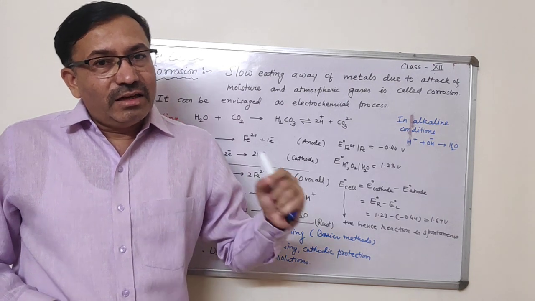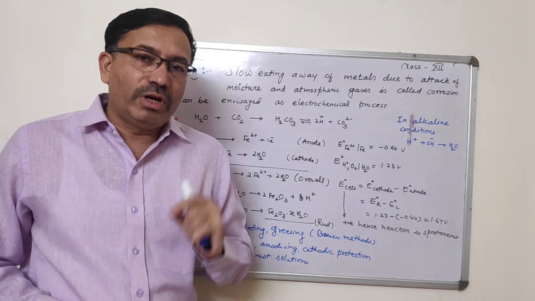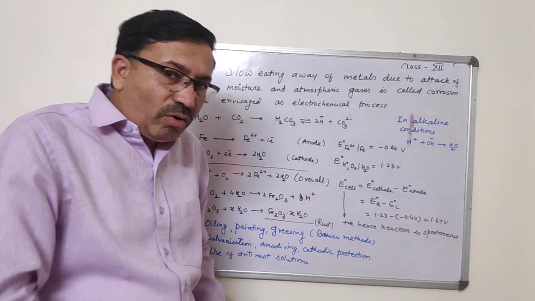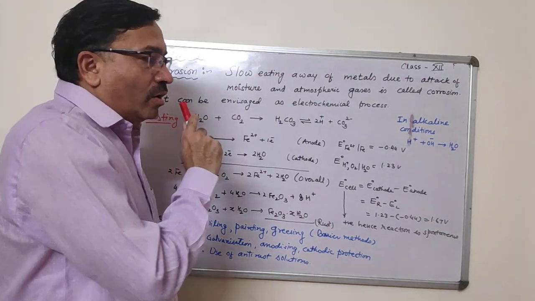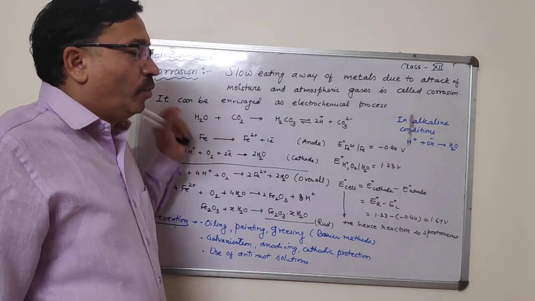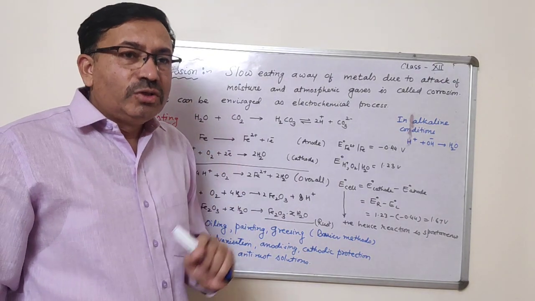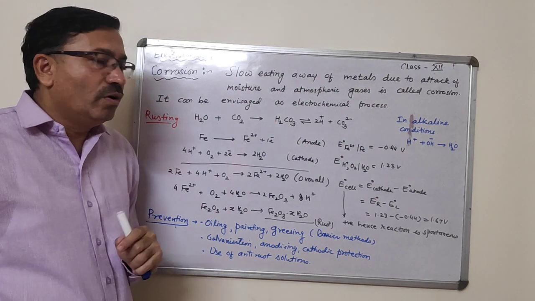This means neither thermodynamically nor kinetically can we say it is a spontaneous process. But electrochemically, we can prove that corrosion or rusting is a spontaneous process.